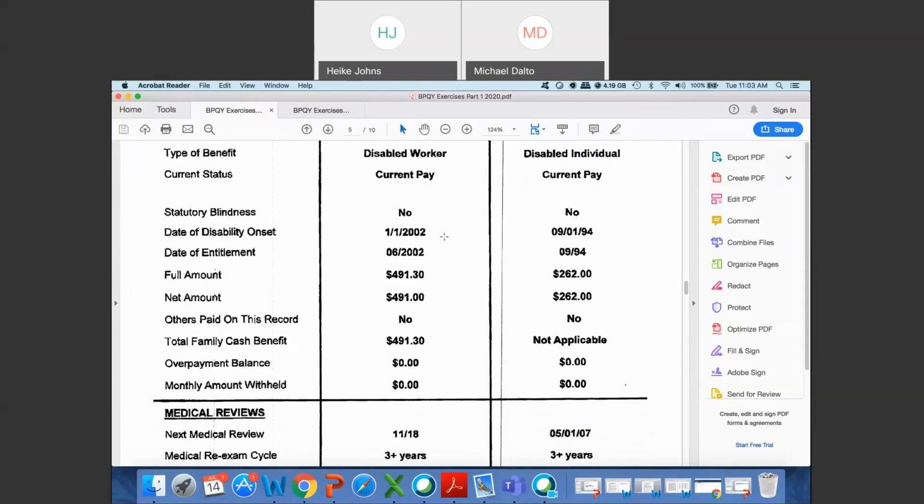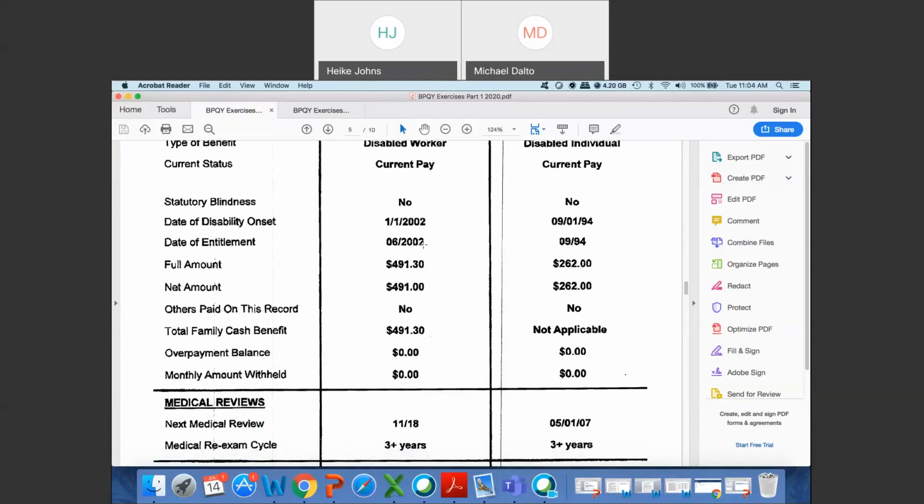You'll see there are different dates of disability onset for each benefit, SSI and SSDI. And it looks like they were eligible for SSI going back all the way to 1994, but they didn't become eligible for SSDI until 2002. That's common. A person may have needed a number of years to work before they had enough work credits to get SSDI.